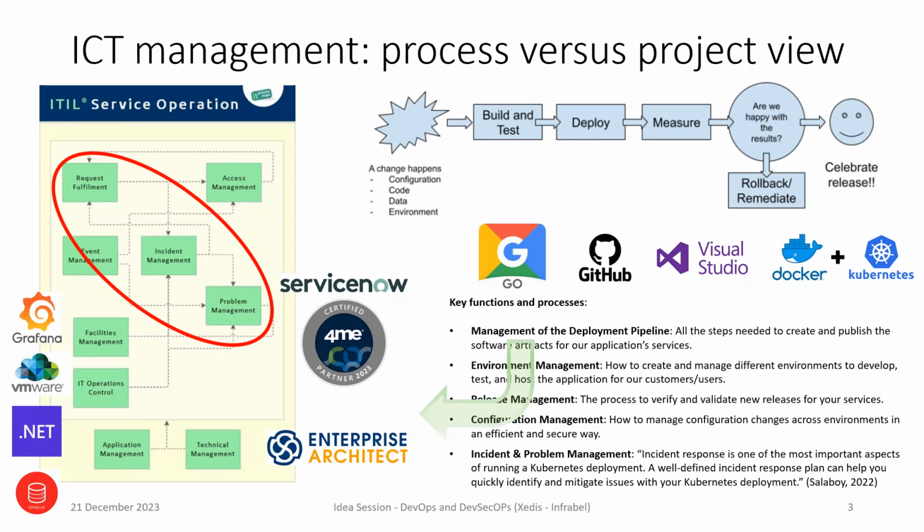Then I'm really talking technical environment, maybe test, unit, integration, production environment that changes, a new platform that you're going to use. So you need to make that change happen through building or testing something, deploying it, and then seeing if you're happy with it or not. And if you're not happy with it, you need to roll back, and otherwise, you celebrate not too long, and you start with the next project.